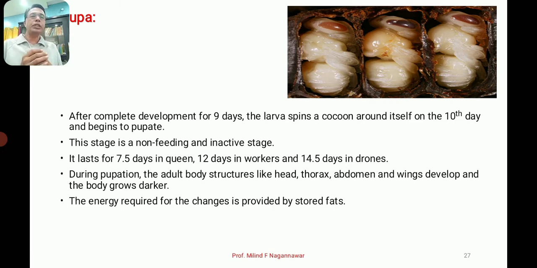Now during the pupation, the body structures like head, thorax, abdomen and wings develop, and the body grows darker in the pupal stage. Inside the cocoon the body structures start developing. For all this development, energy is needed, and the energy is provided by the stored fats.